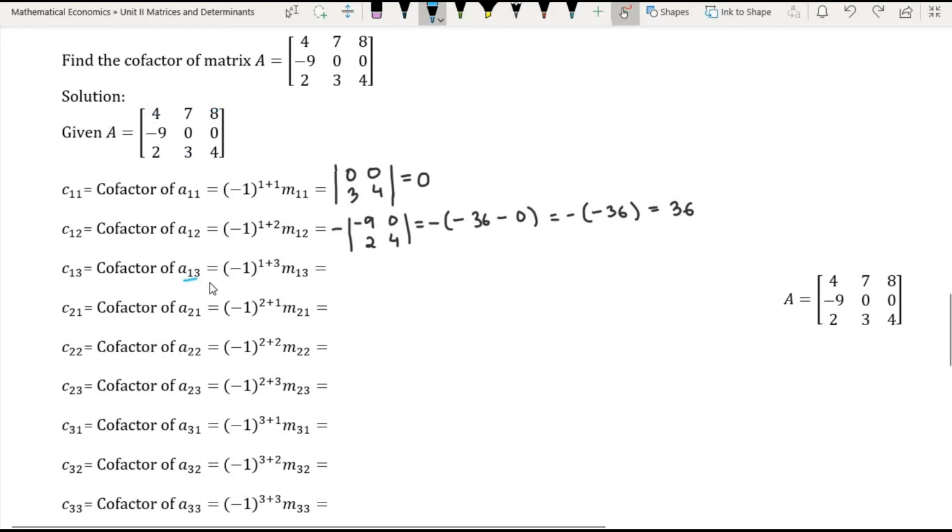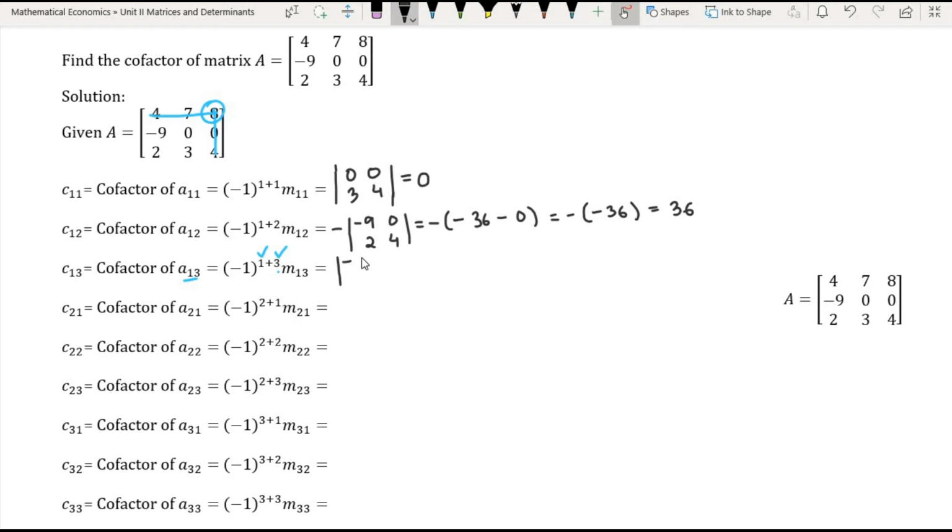The cofactor of the element A13, that is element 8, is equal to -1 to the power 1 plus 3 times its minor M13. Element 8 is present in the first row and third column. Since its sum is equal to an even number, therefore we have a positive sign. Its minor is obtained by deleting the row and the column in which element 8 is present.